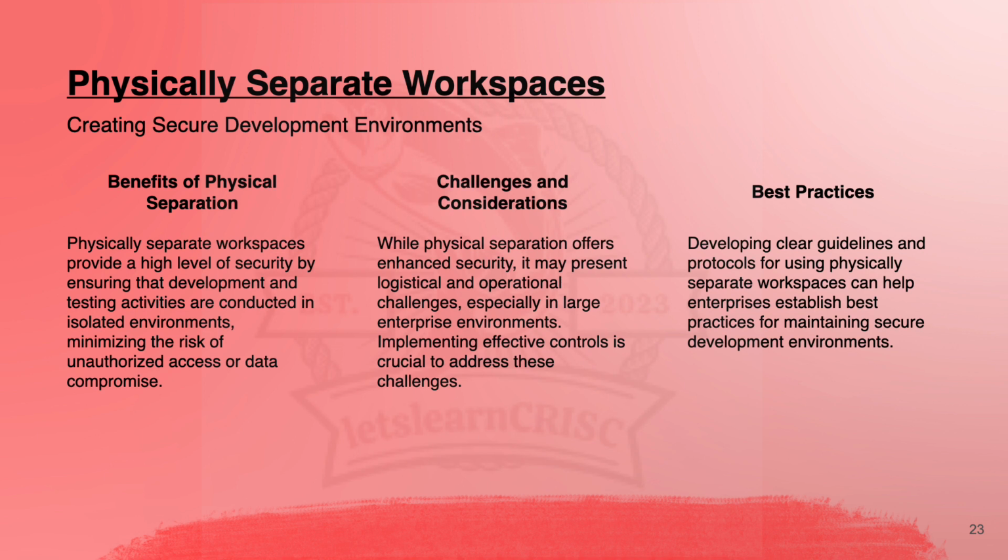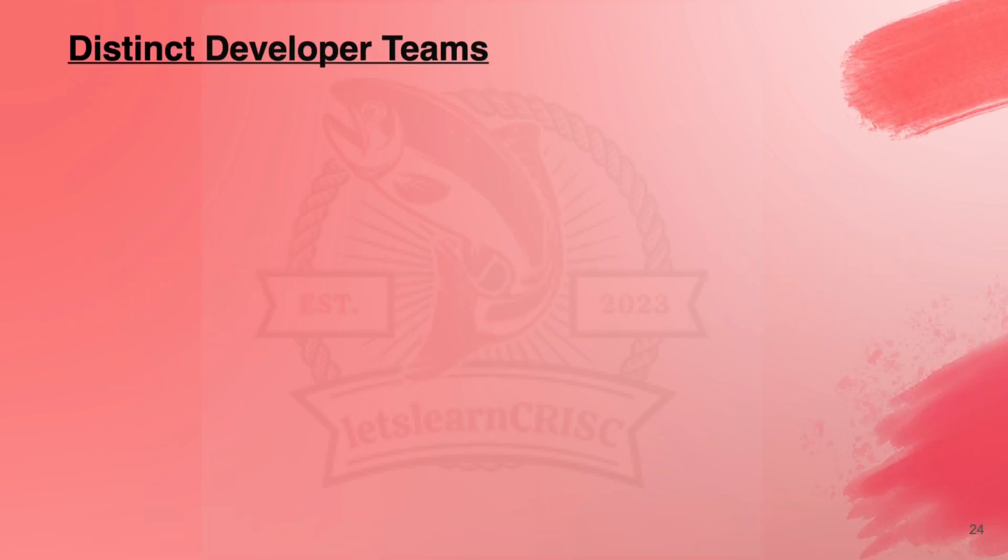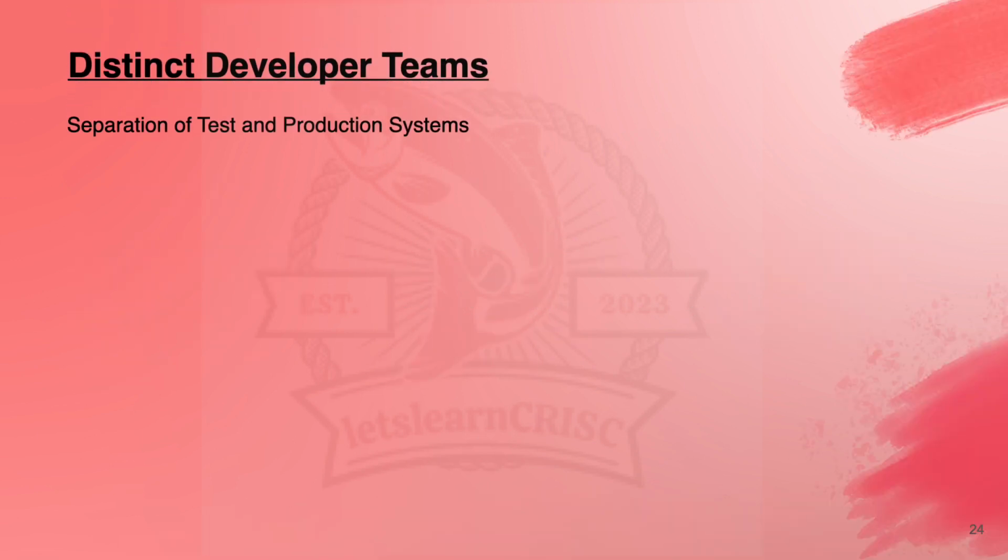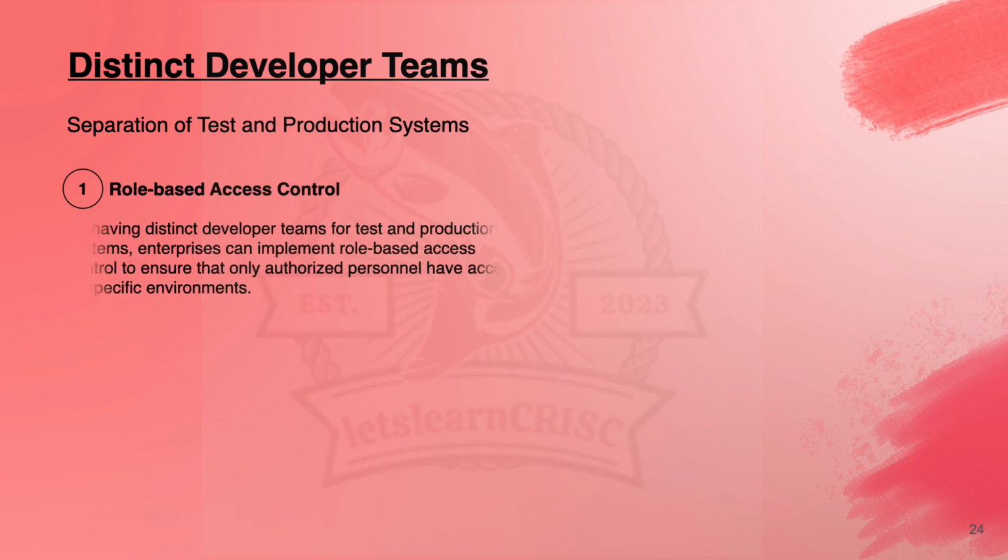Right? Moving next, we'll discuss distinct developer teams, that is, separation of the test and the production system. First is role-based access control. Friends, role-based access control involves giving access permissions based on an individual's role in an organization, right?